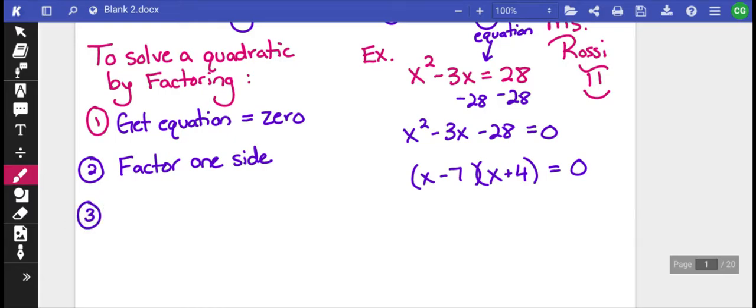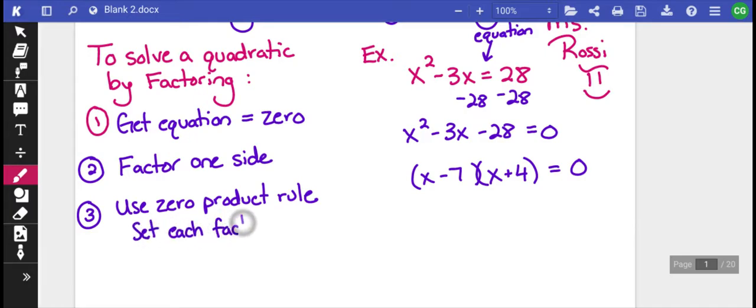Now what we have to use is the zero product rule. We know that in order to multiply two things to get 0, one of them has to be 0. So we're going to set each factor equal to 0 and break these two up into two separate equations.